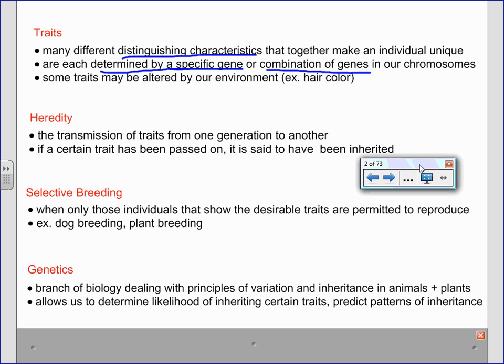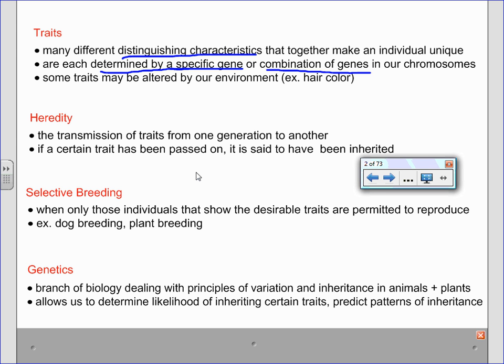Selective breeding, just like the name suggests, is when they force different matings in order to try and get a line or a lineage of organisms that have specific desirable traits.